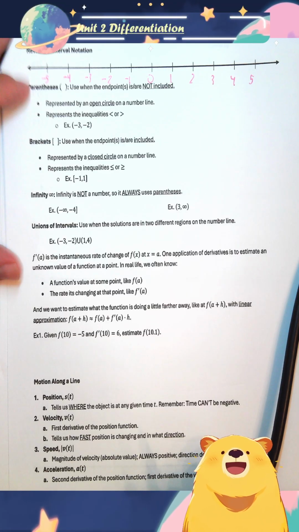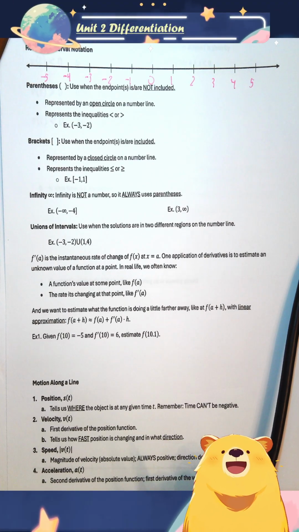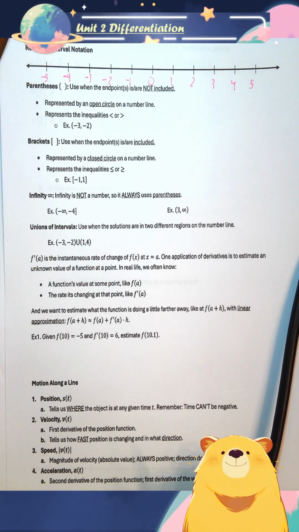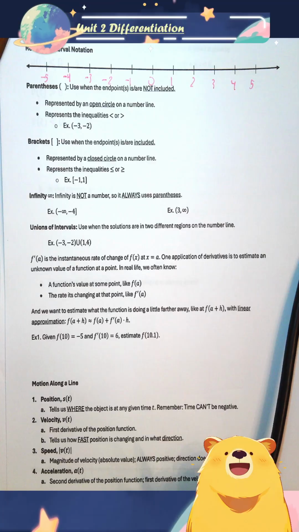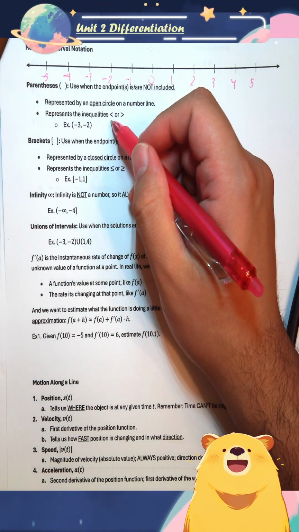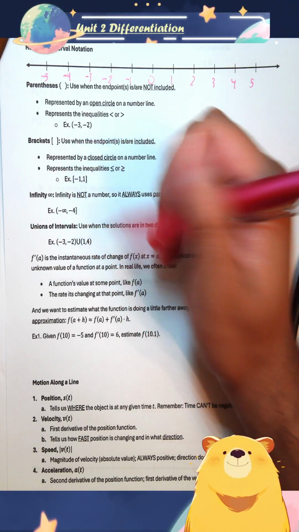Parentheses. A parentheses is used when the endpoints is or are not included, represented by an open circle on the number line. The inequalities that reference this is our classic less than and greater than inequality symbols.